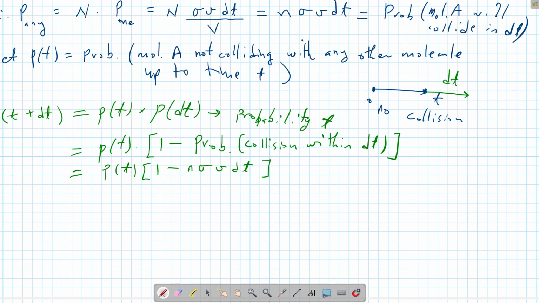We can have another expression for the probability of molecule A not colliding within time interval t plus dt using calculus. Okay, this is going to be pt plus some dp, if we assume dt to be really small.